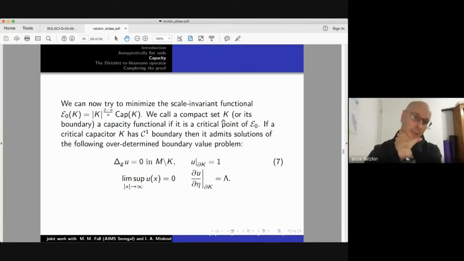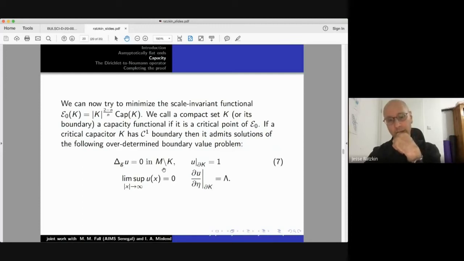I'm going to call a compact set or its boundary of this functional a critical capacitor, if it's a critical point of this functional. And these critical capacitors all admit solutions to the following overdetermined boundary value problem.